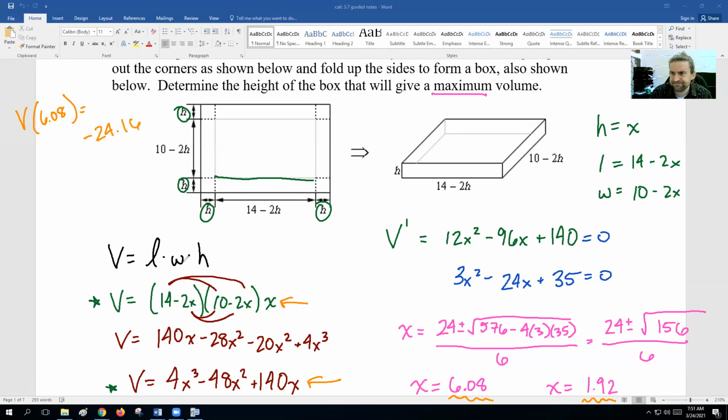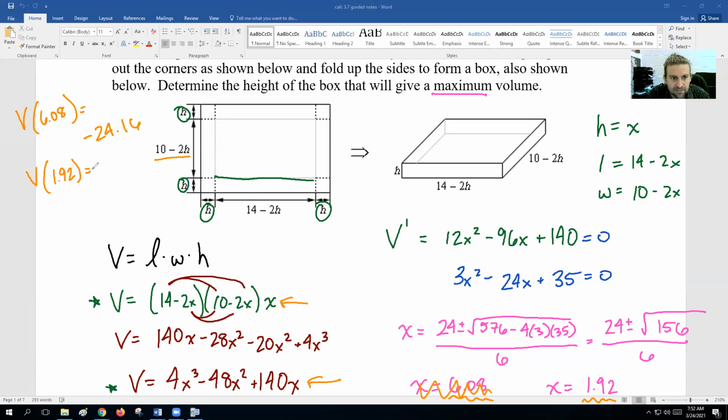24.16 volume. That's weird, but if we think about it, if we are taking away 6 inches off of both sides when it's 10, that's not going to happen. So that is definitely not the answer. Let's double check the volume of 1.92. What's the volume?